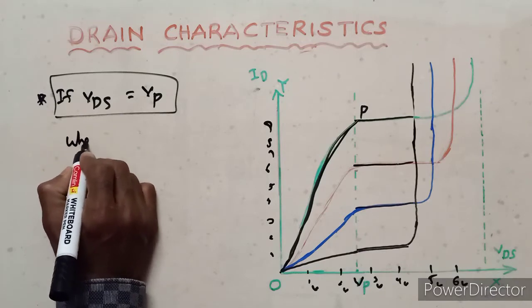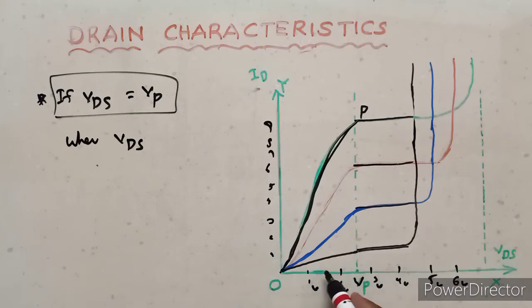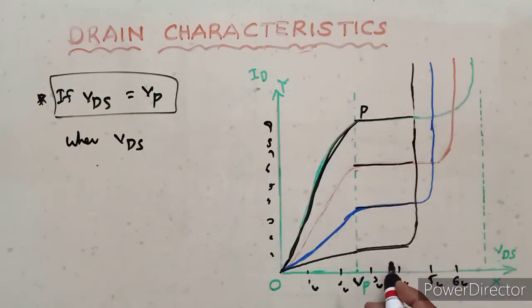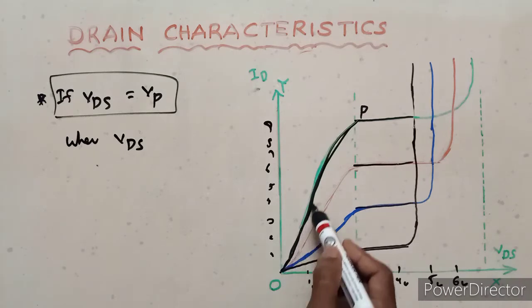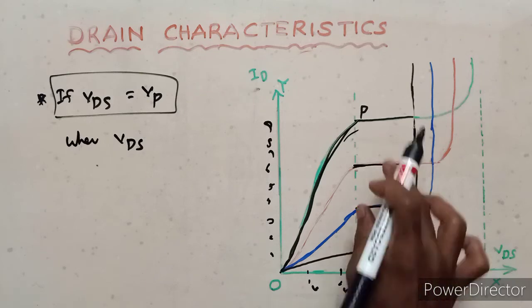When VDS is increased beyond VP, that means the pinched off voltage, the length of pinch off is called the saturation region. So the drain and source voltage is increasing.